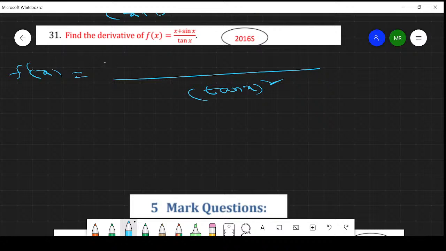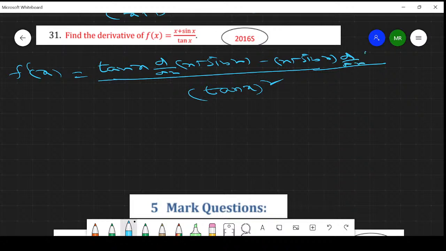You write tan x into d by dx of x plus sin x, minus x plus sin x into d by dx of tan x. So the derivative of tan x I can write.